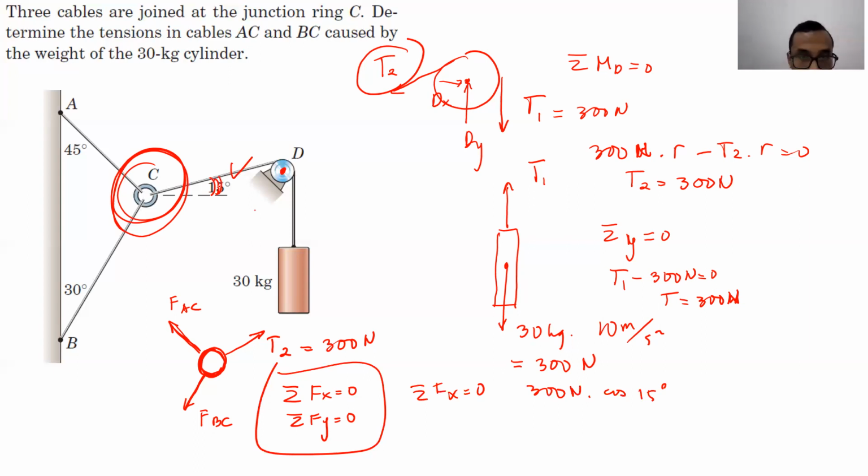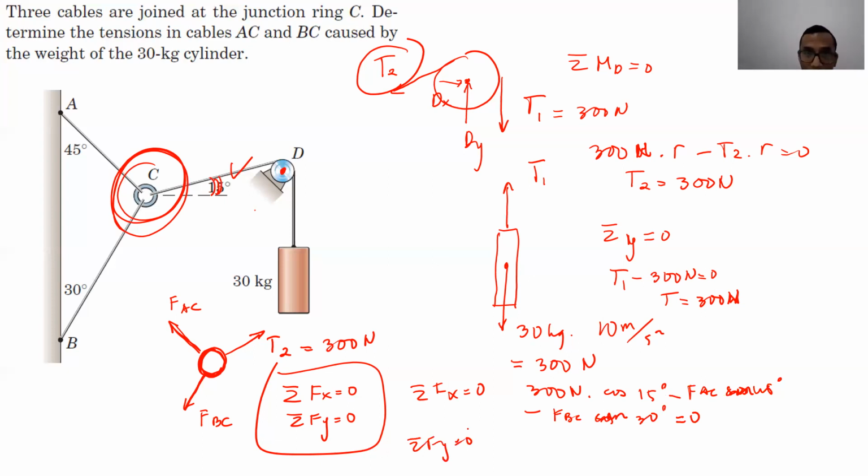Going to the right positive, minus FAC cos 45 degrees minus FBC, sin in this case. This one is sin as well, sorry. Sin 45 degrees, sin 30 degrees equal to 0. That's your first equation. The second equation is sigma Fy equal to 0.